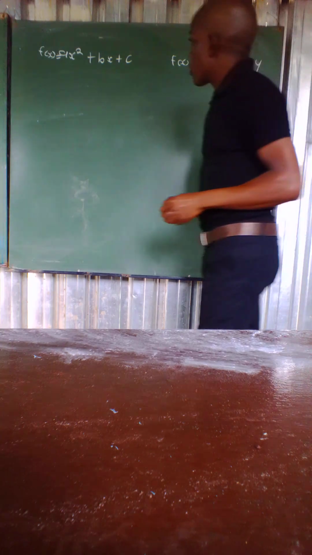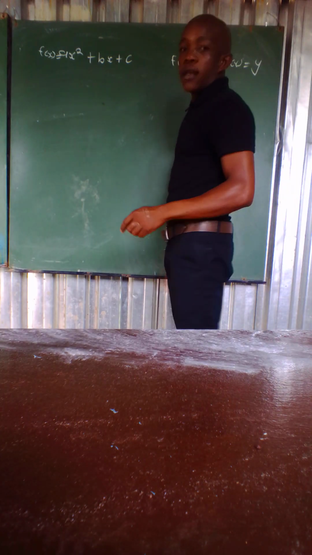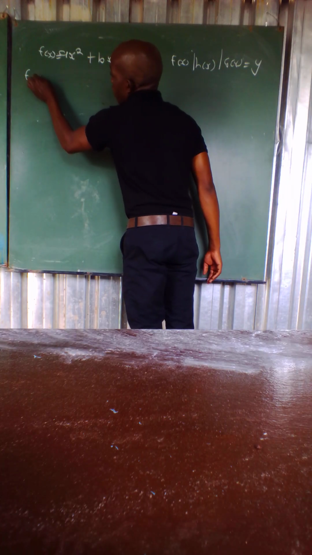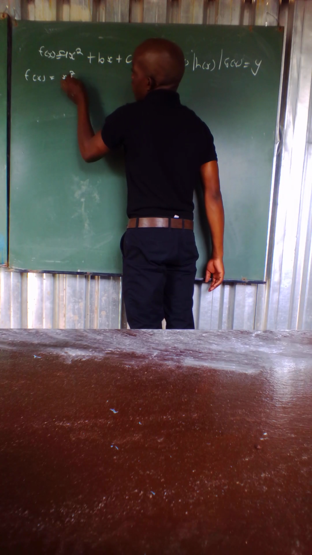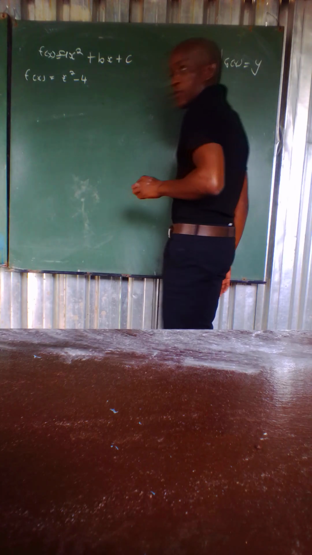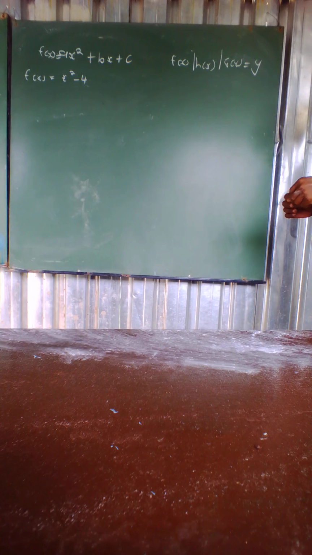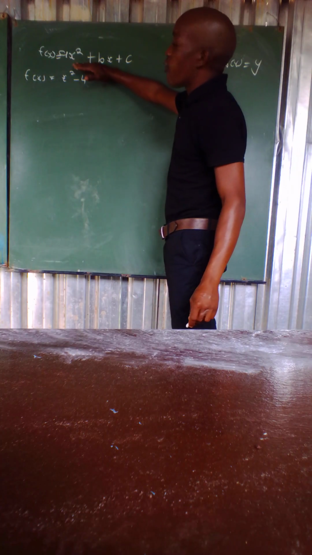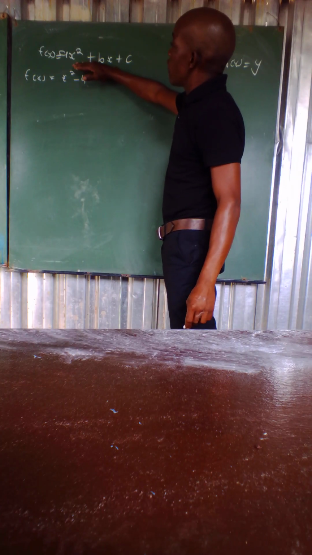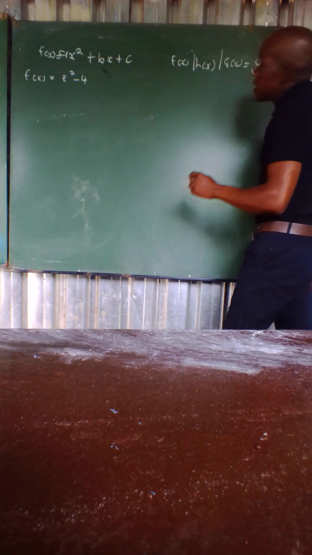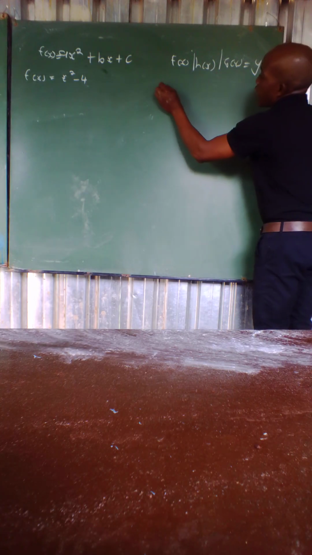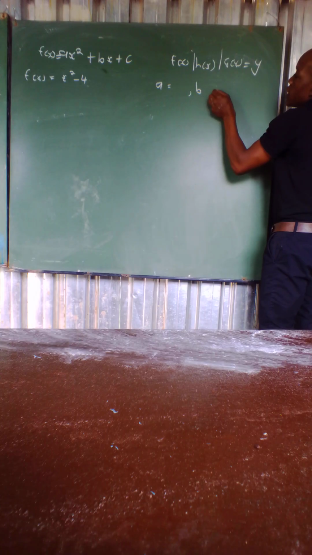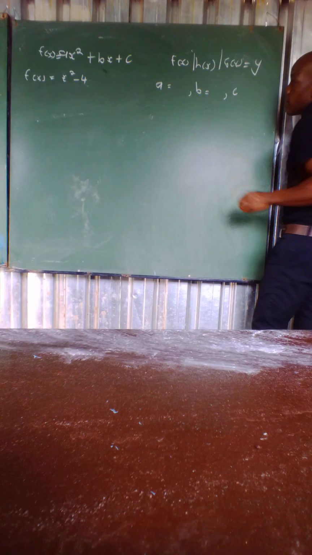Now, if you are given an expression like f of x equals x squared minus 4, what does this expression mean to you? Concerning the first quadratic formula, this tells you that you have to find the value of a, the value of b, and the value of c.